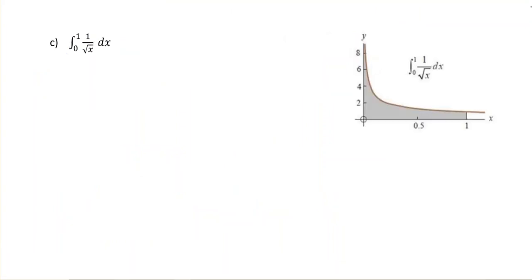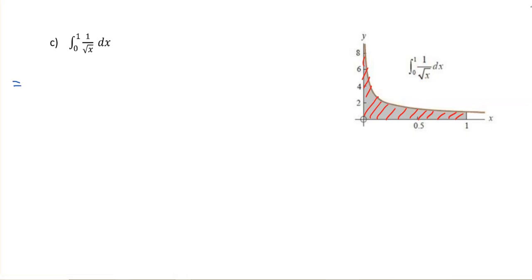So let's try to figure out this integral from 0 to 1 under the curve 1 over square root of x dx. Here we notice that if you put x equal to 0, the integrand becomes unbounded, so it is an improper integral.